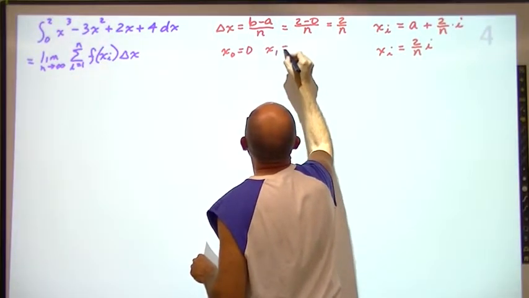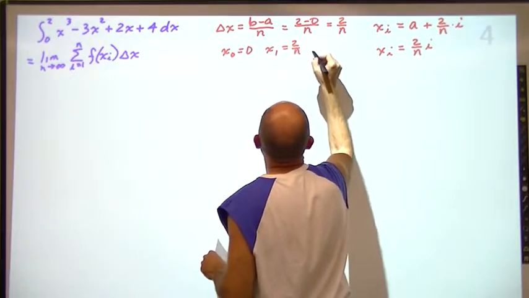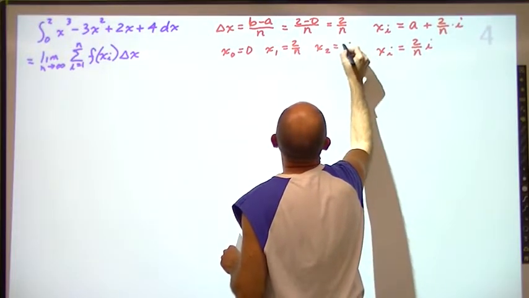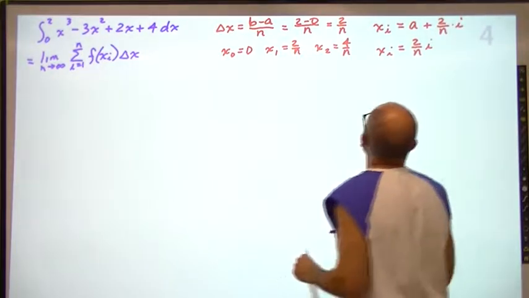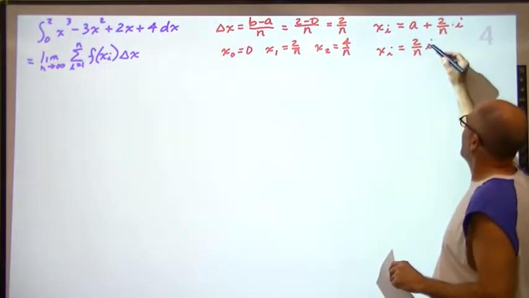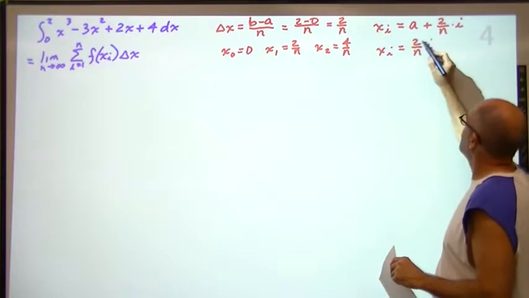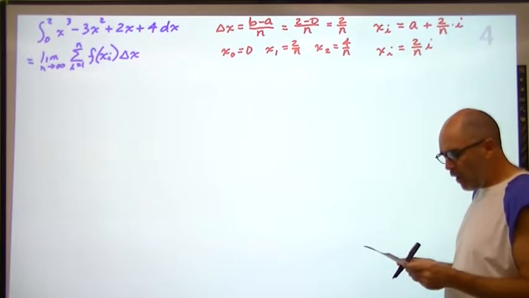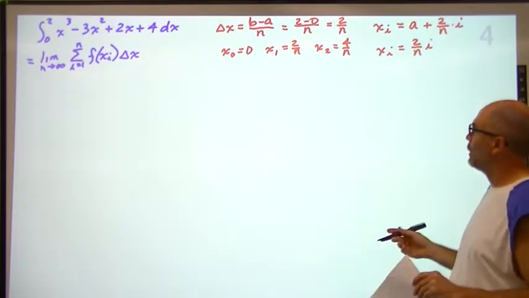X sub 1 equals 2 over n. X sub 2 equals 4 over n. X sub 3 is 6 over n. X sub 4 is 8 over n. X sub i is 2i over n, or 2 over n times i. All right, cruising onward.